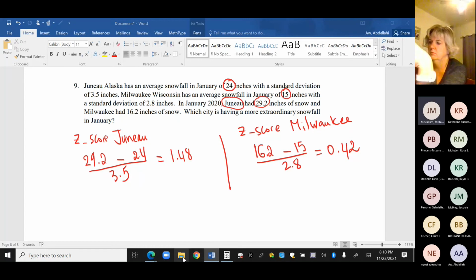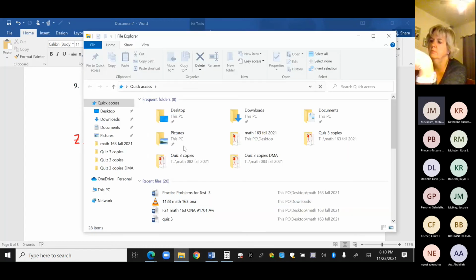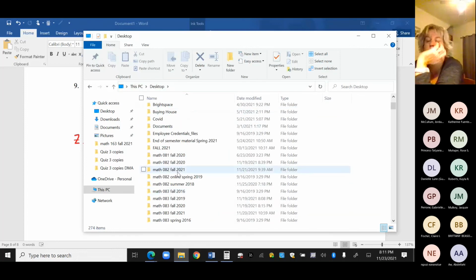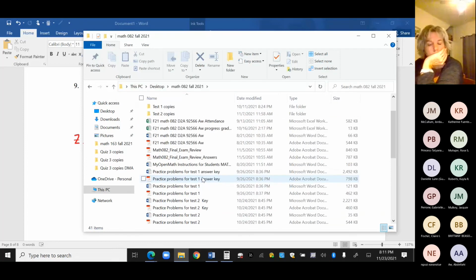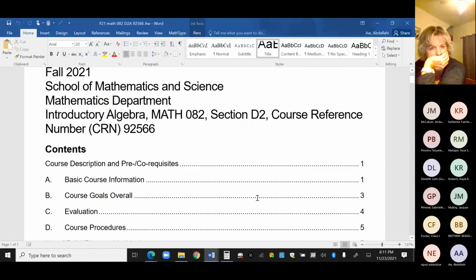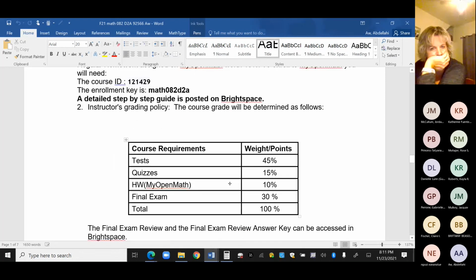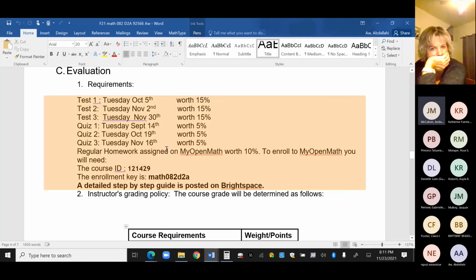So now if you go to the syllabus, the next test was scheduled for November the 30th, but this is just after the break, right?